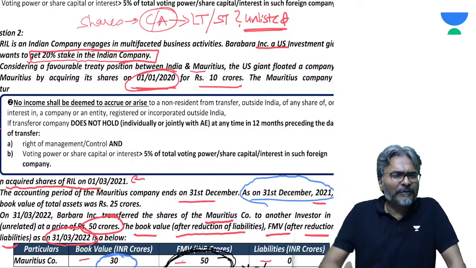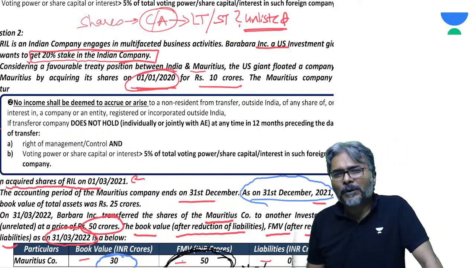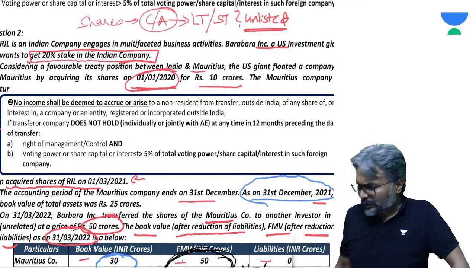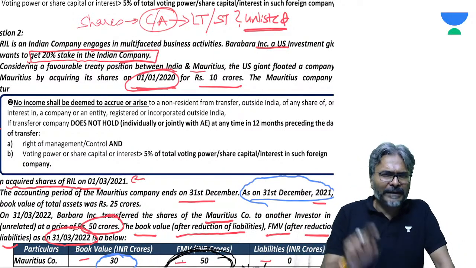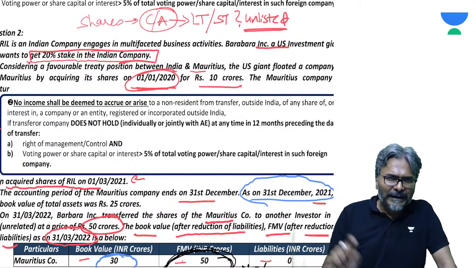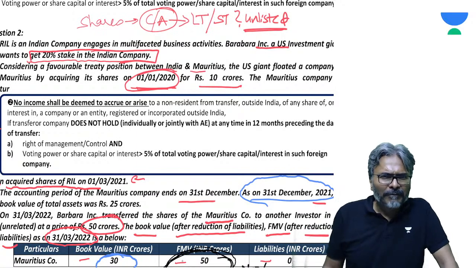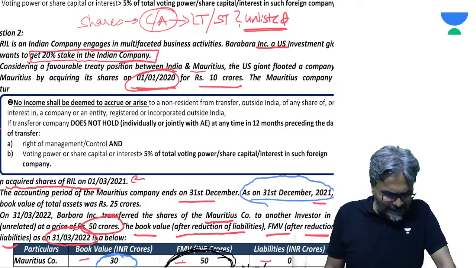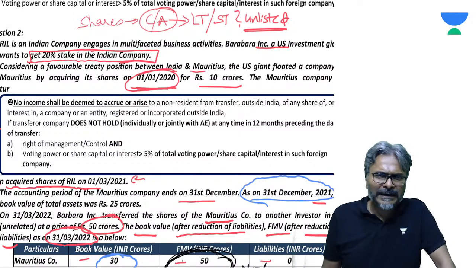The question to all of you is whether there would be any income which will be deemed to accrue or arise in India in this case. The answer is no.